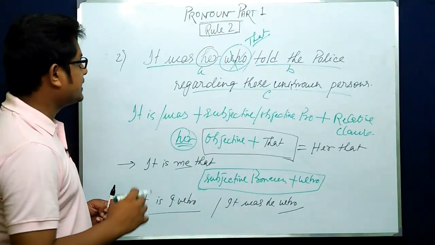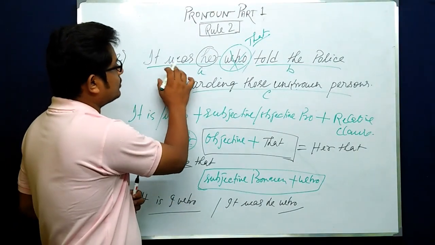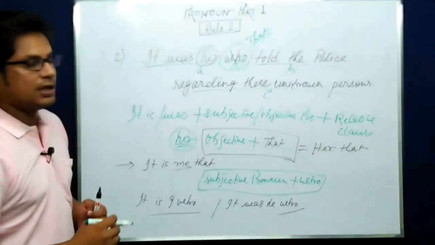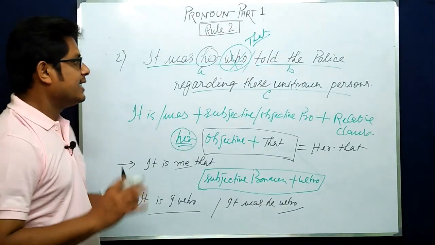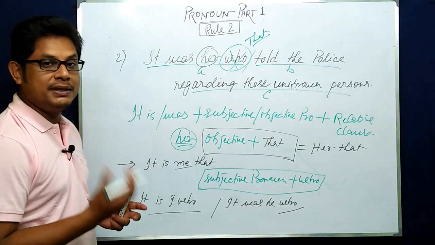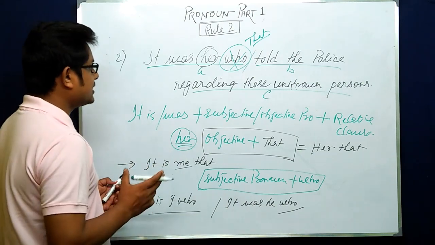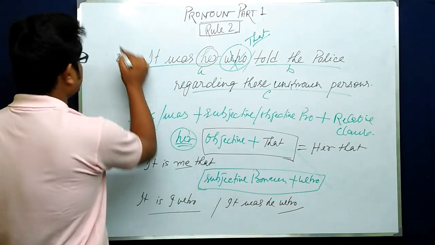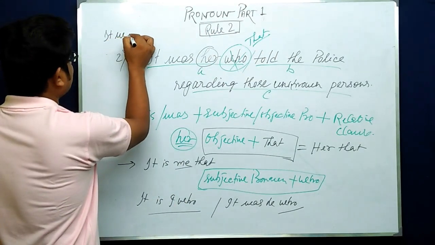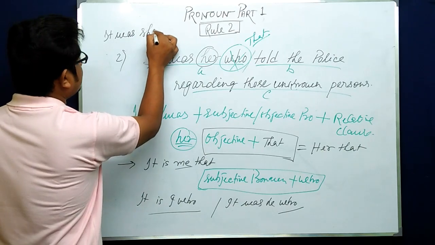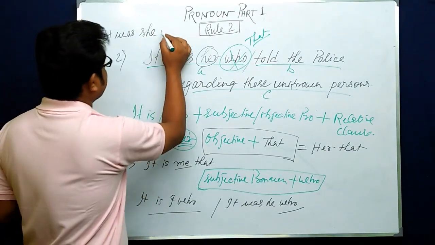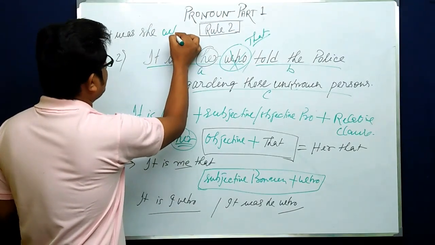So the correct sentence could be, it was her that told the police regarding those unknown persons, right? If the sentence is a bit different, suppose the sentence was it was she, then you have to write it was she who.